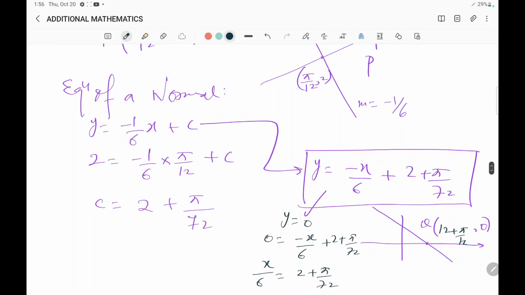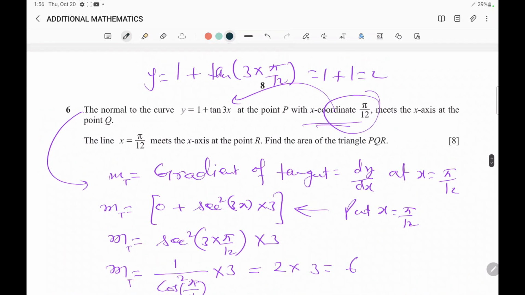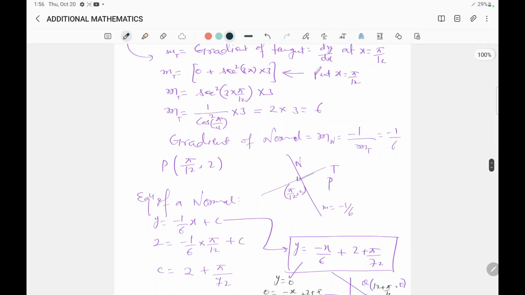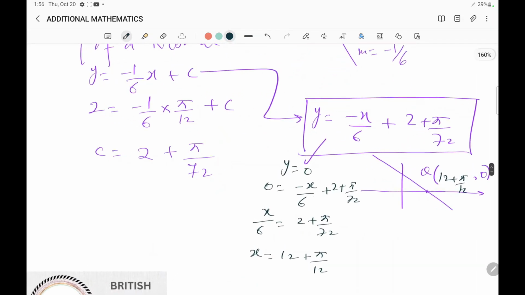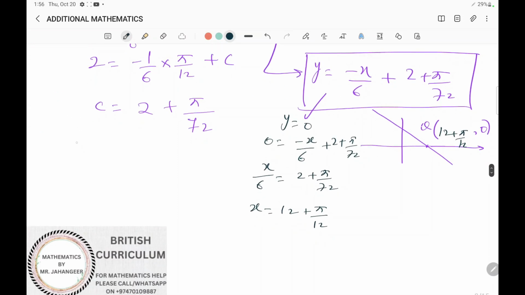So now guys, we have P, we have Q. Let's see what other things are there. The line x equals pi by 12 meets the x-axis at the point R. Can we plot these points, guys? Okay, we don't have much space, so now we are here.